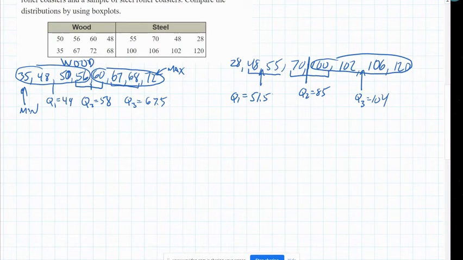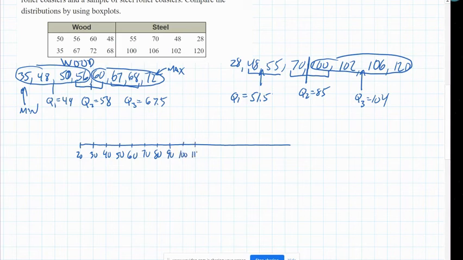Okay, so on my number line, I'm going to call this 20, 30, 40, 50, 60, 70, 80, 90, 100, 110, 120, 130, 140. Okay, for wood, and this is average speed.